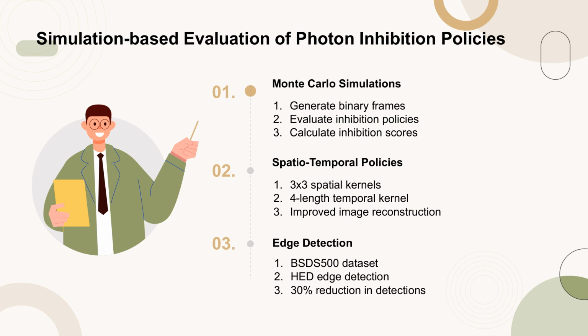Additionally, the authors developed spatiotemporal policies that combine 3x3 spatial kernels with a 4-length temporal kernel to enhance image reconstruction. For edge detection, the BSDS 500 dataset is utilized to study energy-efficient edge detection through photon inhibition. The results show a 30% reduction in detections on single exposure time captures, demonstrating the effectiveness of the proposed policies.